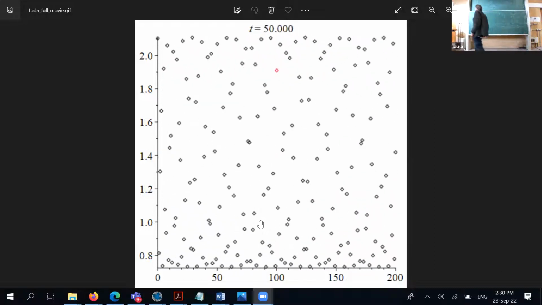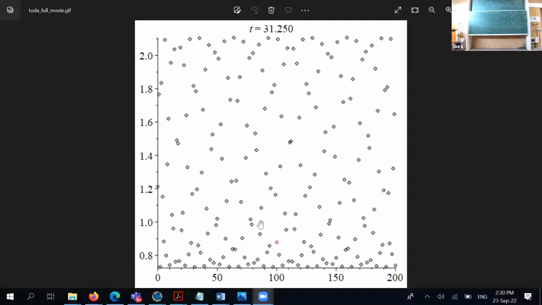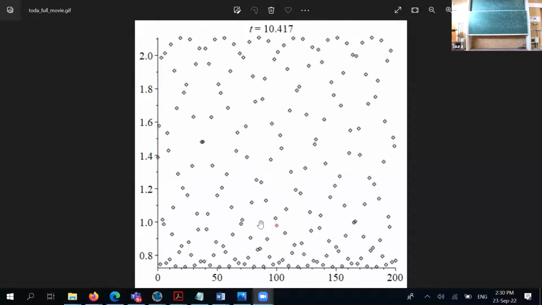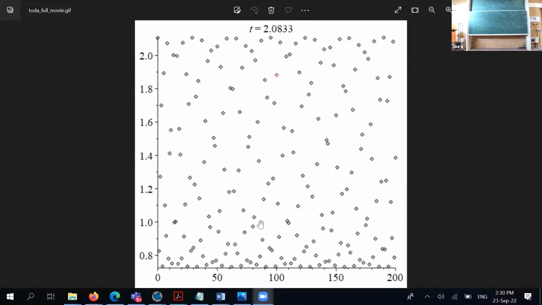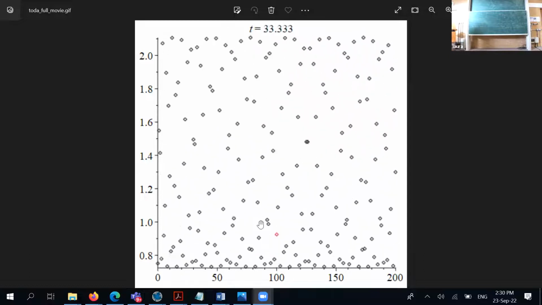So there's another way to understand these things, in terms of plane wave solutions of the discrete KP equation. So there's also integrability here as well as the Laurent property.